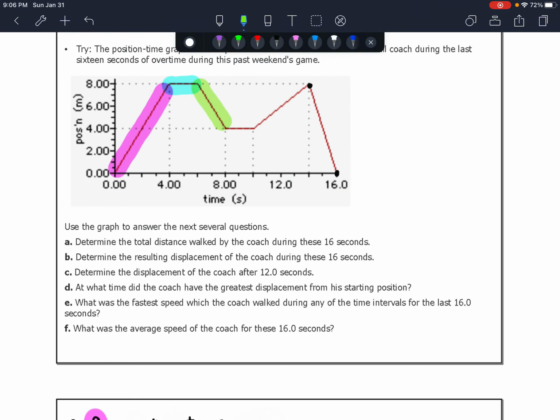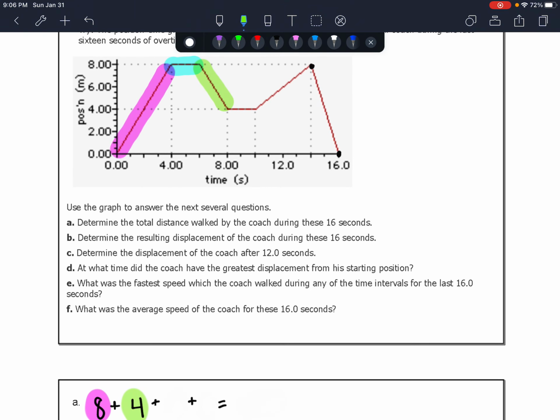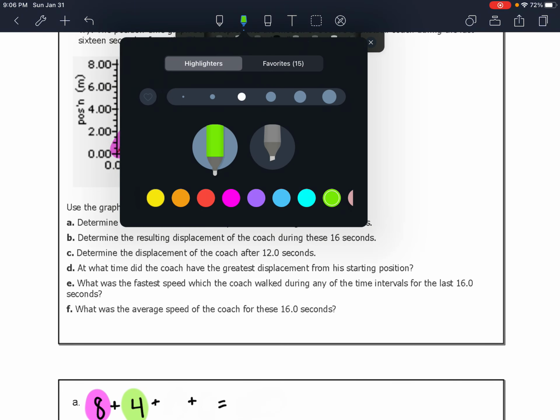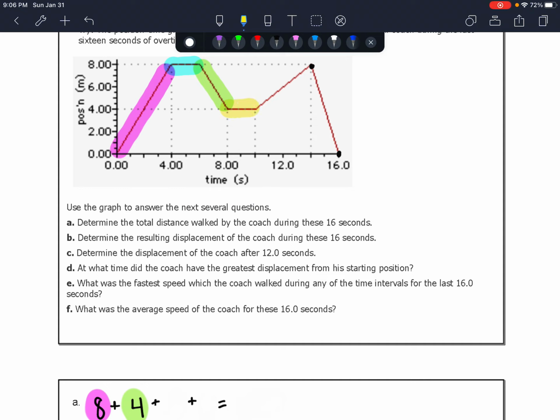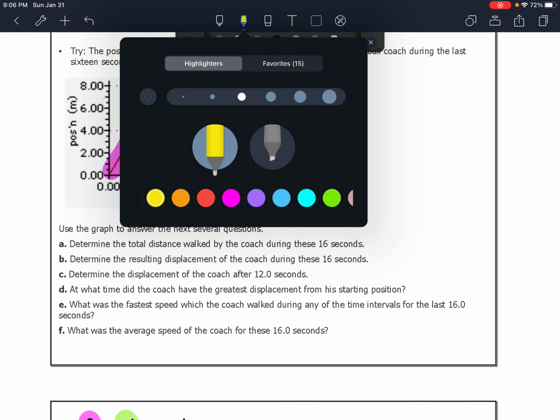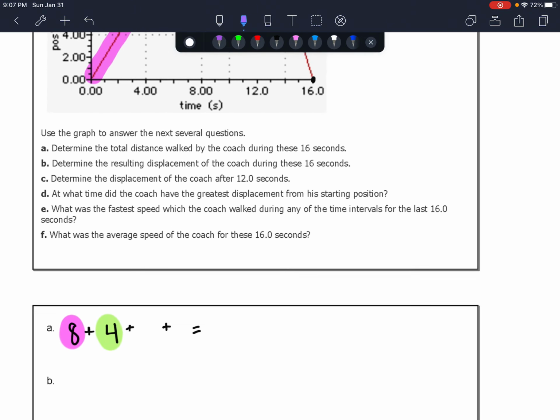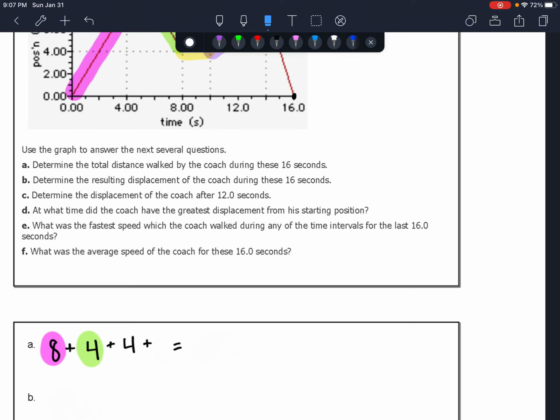From 6 to 8 seconds, he goes from a position of 8 to 4, meaning he traveled 4 meters. From 8 seconds to 10 seconds, his position stays the same at 4 meters, so there was no distance traveled during that time. But then from 10 seconds to 14 seconds, he goes from position 4 to position 8, meaning he traveled again another 4 meters.